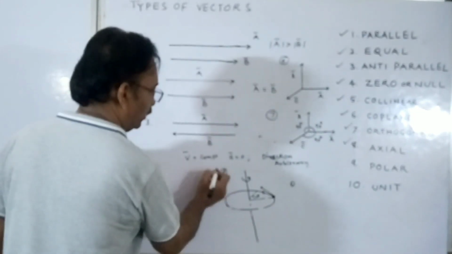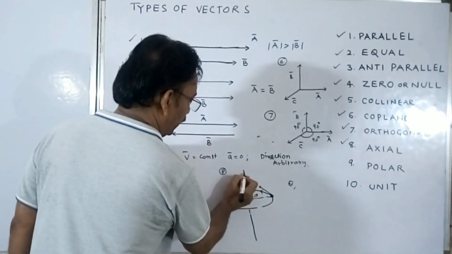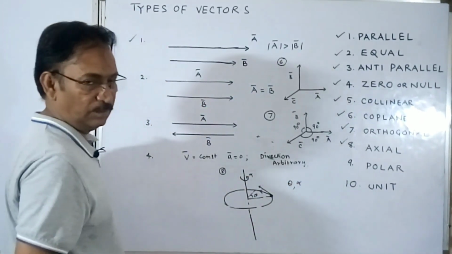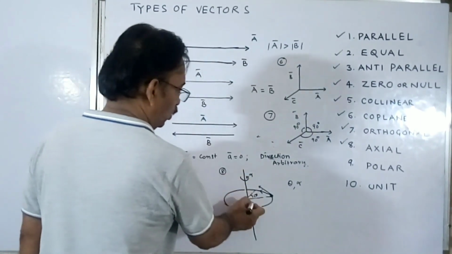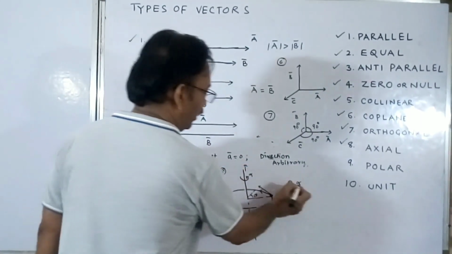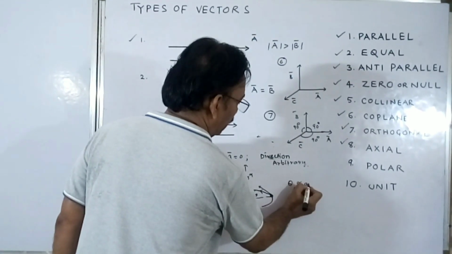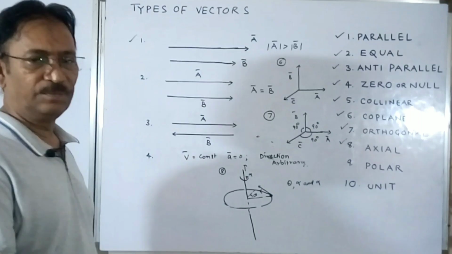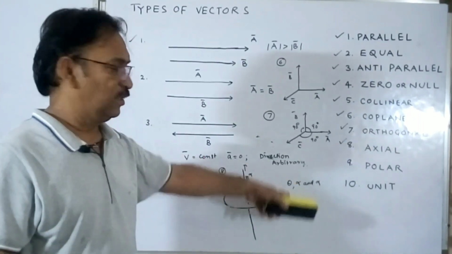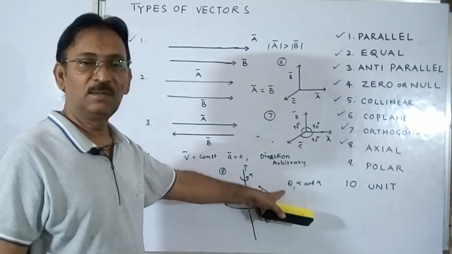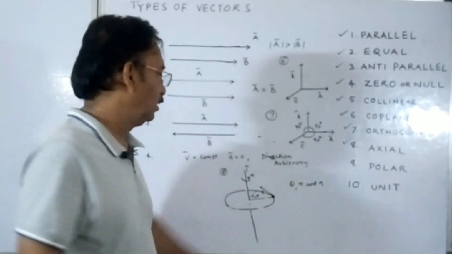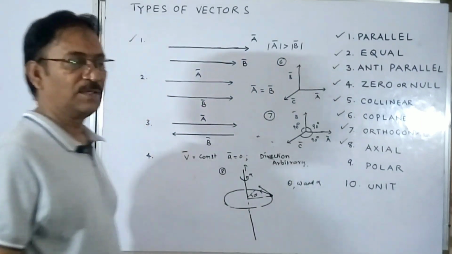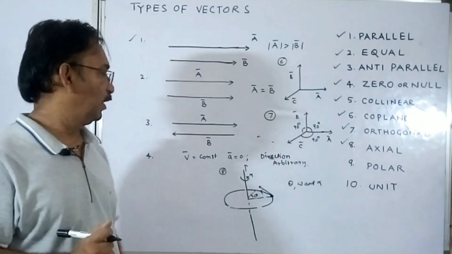We are talking about number 8. Also this angular velocity is an axial vector. And the angular acceleration will act in the same direction, but the axis is not fixed here. Such vectors, angular displacement, angular velocity, and angular acceleration, are axial vectors.